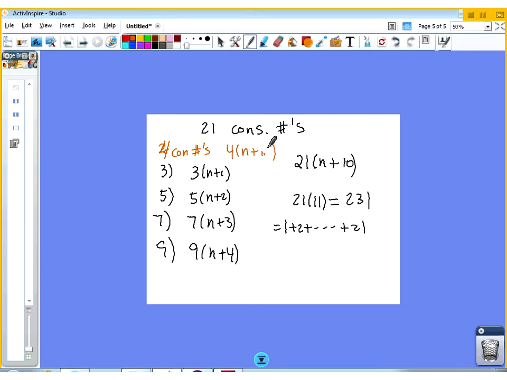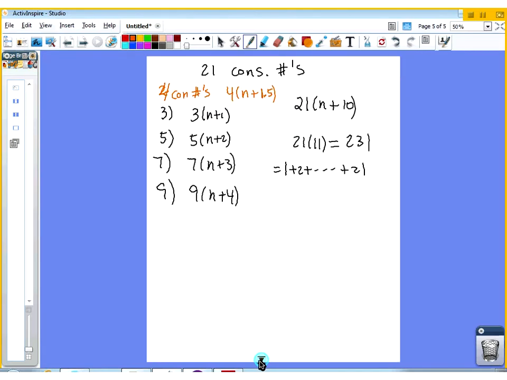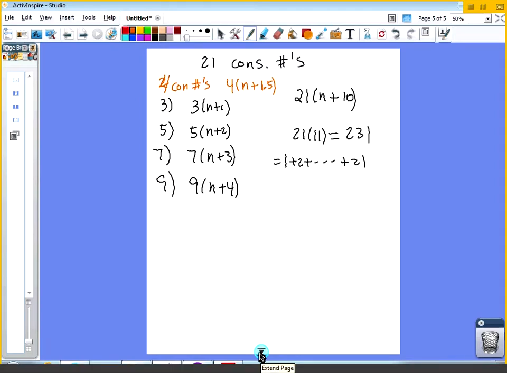So you could maybe think about using this pattern, right? Because 4 consecutive numbers can be written as a sum of 4 consecutive numbers. It has to look like 4 times n plus 1.5, maybe. Does that work?